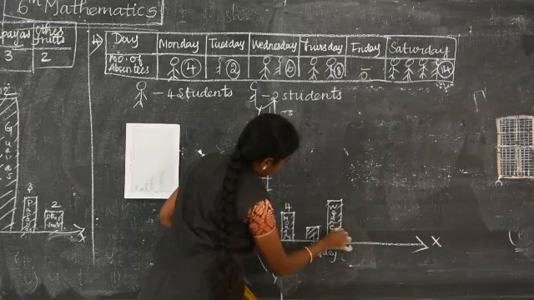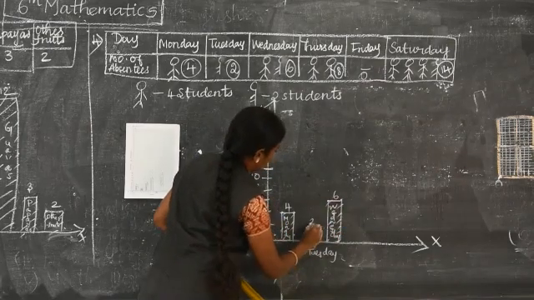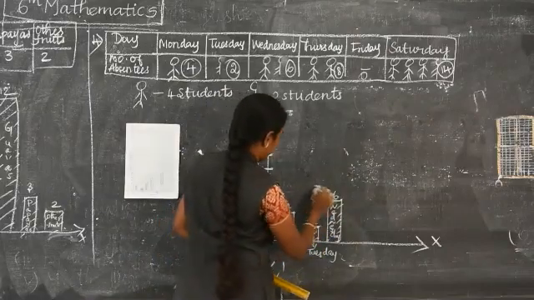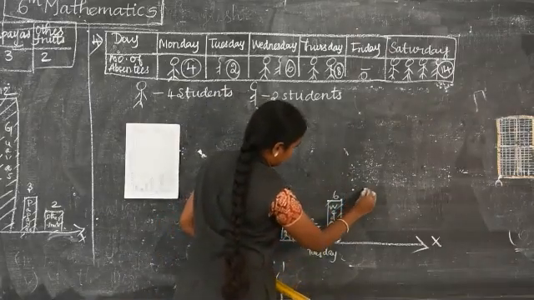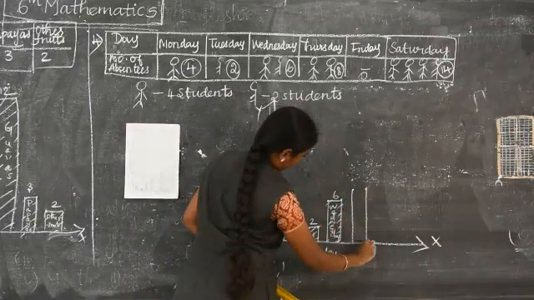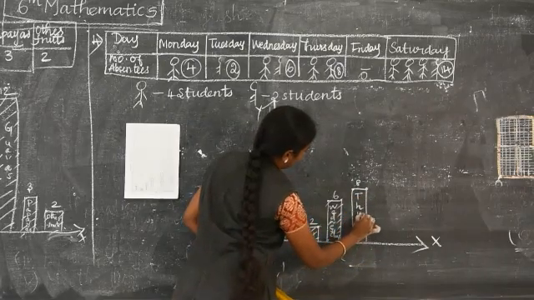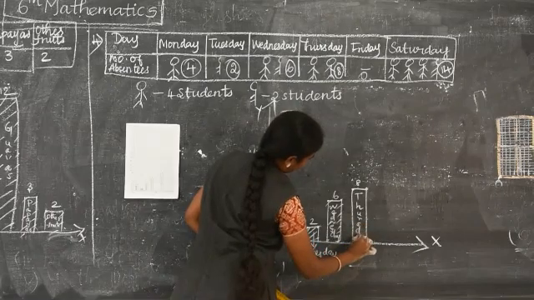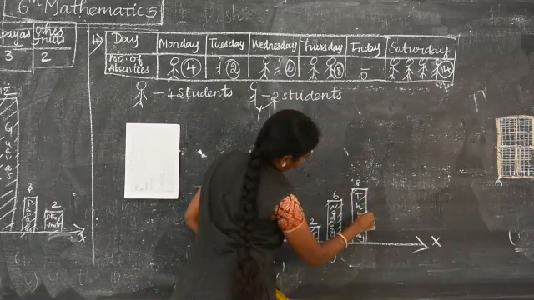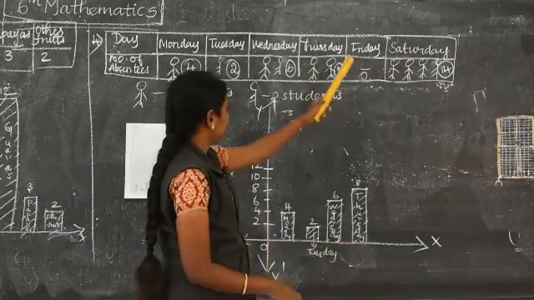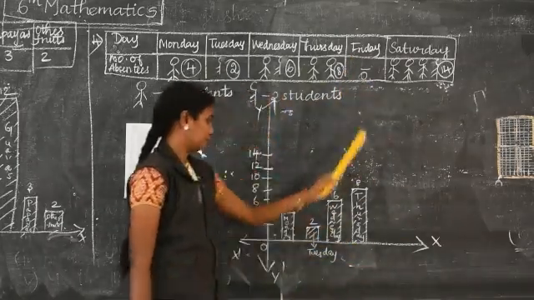Shade it. Wednesday 6, here 2. Thursday is 8, here we have 8. Thursday is over. Next Friday, we don't have anyone for Friday, so 0.